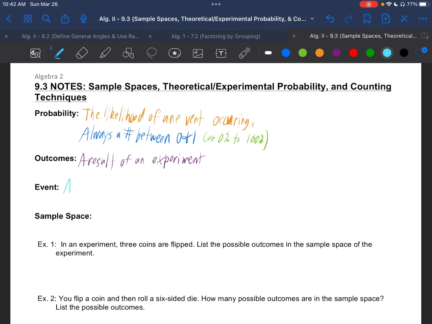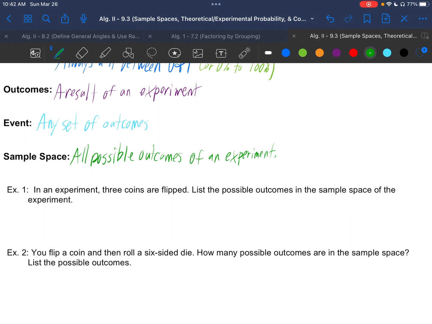An event is any set of outcomes, and then sample space is going to be all possible outcomes of an experiment. I'll talk about these as we use them a bit.